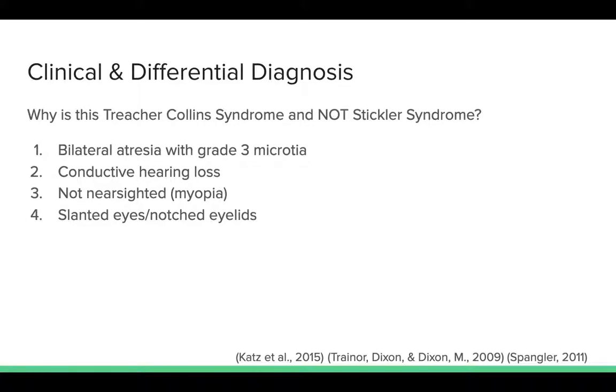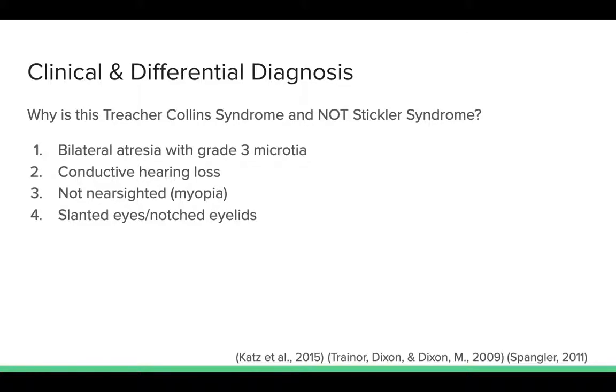So overall, I think the main takeaways for how Treacher-Collins syndrome can be differentiated from Stickler syndrome would be the type of hearing loss and the symmetrical facial anomalies that can be present.